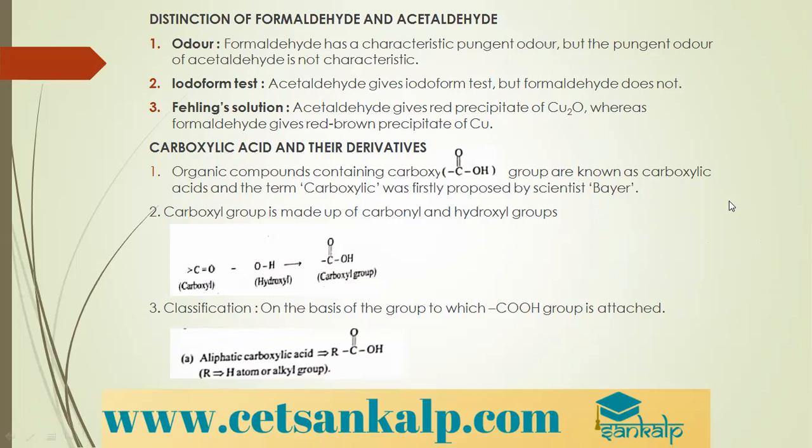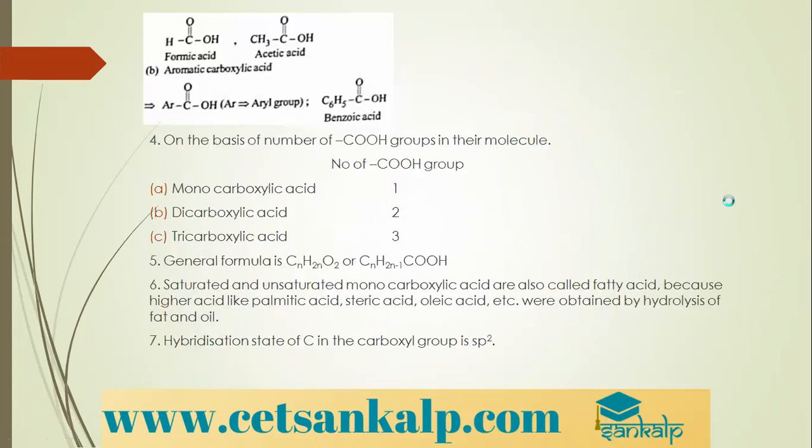Based upon that, one bond is empty. You know that valency of carbon is 4. One bond is empty. That one bond could be satisfied by hydrogen, it could be satisfied by an alkyl group, or it could be satisfied by an aryl group.